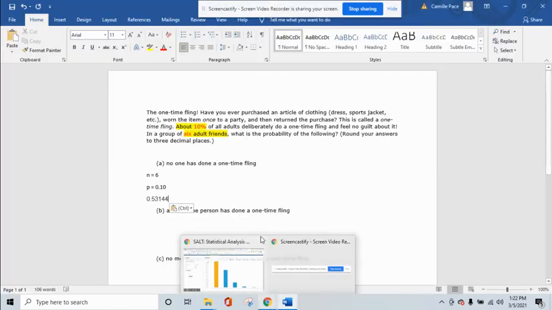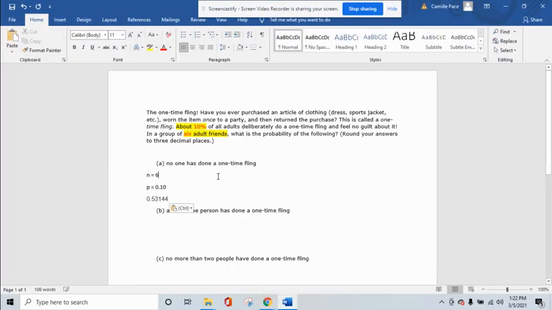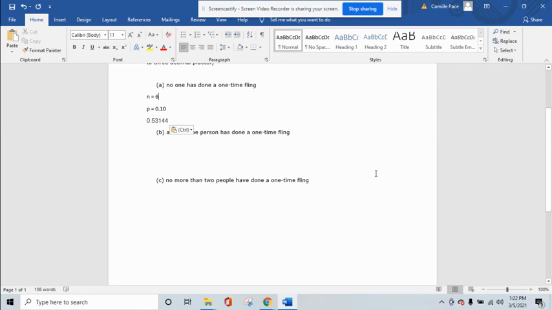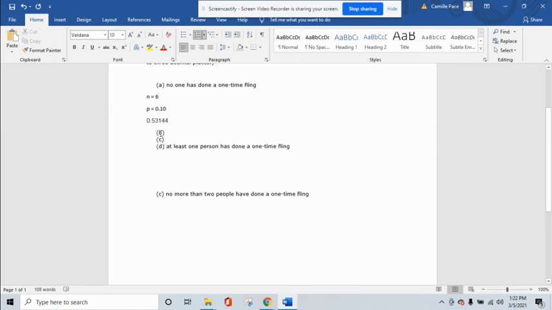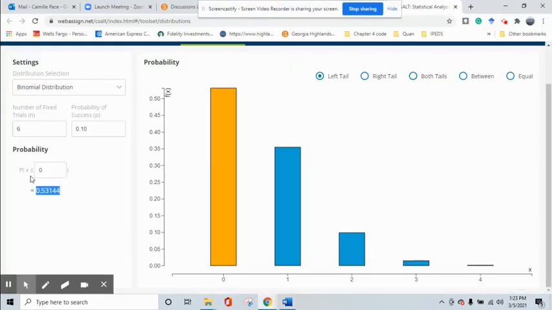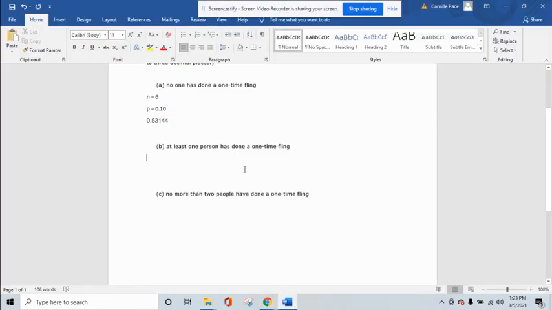Okay, so the next one is, oops, let me go here. I want to make sure that I've got enough spacing. At least one person has done a one-time fling. If I use SALT, I can't do that because of the sign, but I already have what I need right here.